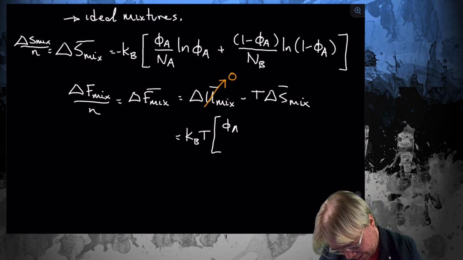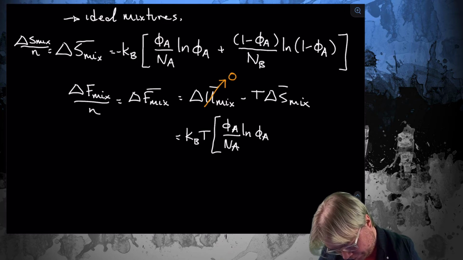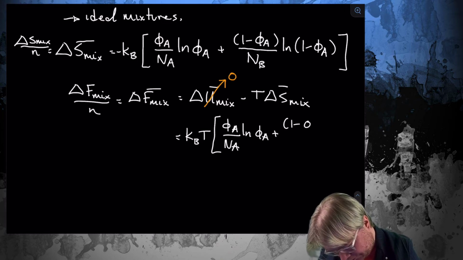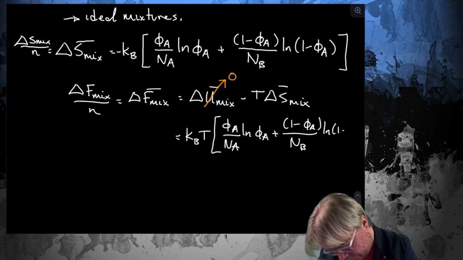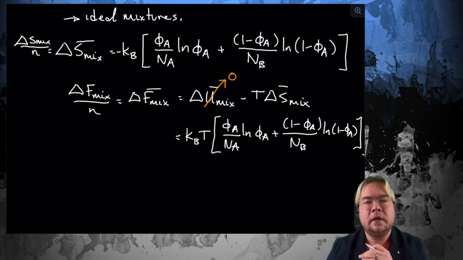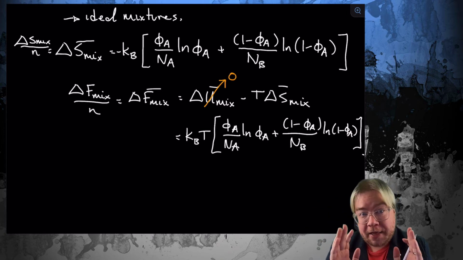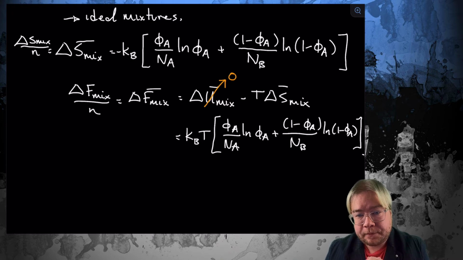So phi A divided by NA, log of phi A, plus 1 minus phi A over NB, log of 1 minus phi A. Okay, so that's the expression that we're starting with today. And again, this is only if the interactions are the same.